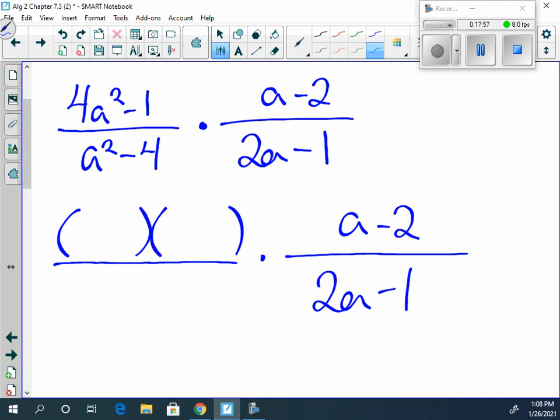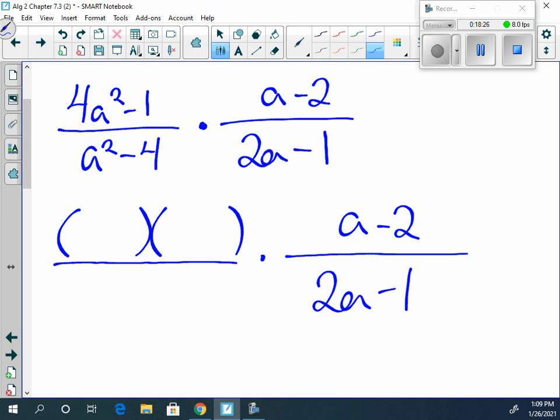So let's look at 4a squared minus 1. There's something special with that one, isn't there? What name do we call that one? That one has a special property to it. Y'all remember? Yes, it's a difference of perfect squares.